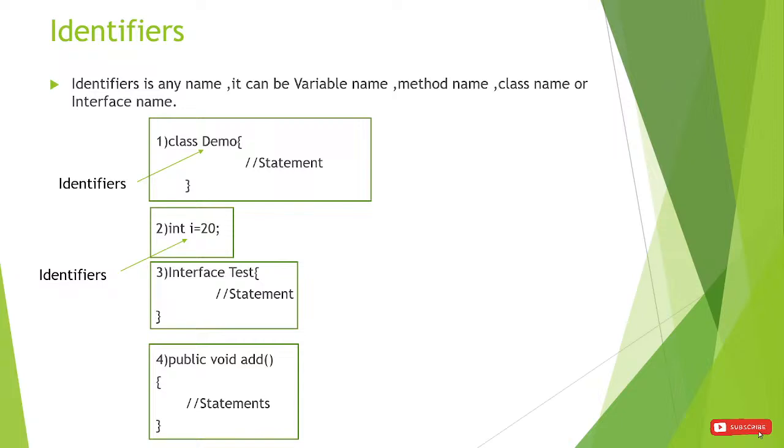In the third one, Test is the identifier. Inside the fourth one, add is the identifier. So in the first one, the class name is the identifier, in the second the variable name, in the third the interface name, and in the fourth the method name is the identifier.